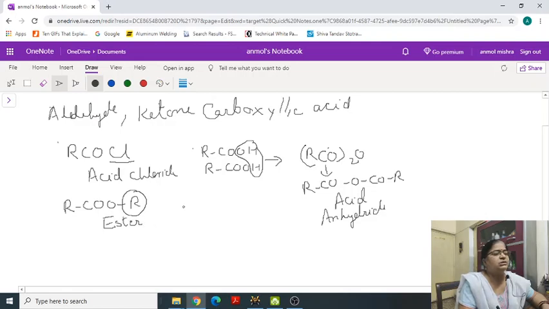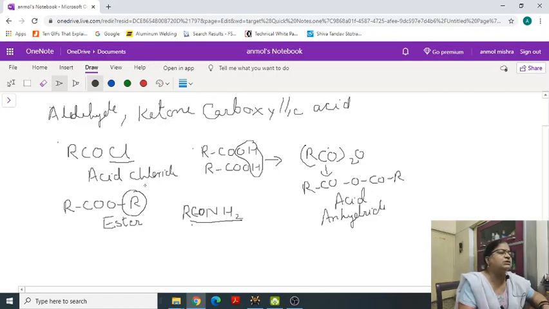And fourth is RCONH2. This is called acid amide group. Means OH of the carboxylic acid is replaced by NH2 group.